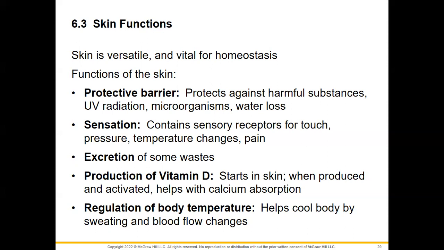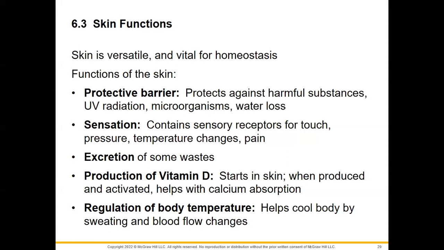All of those are located in the skin to help you feel things. I already mentioned that the skin is the largest organ of elimination, so you will release some waste through the skin. Your body will release more waste through the skin if you're not eliminating properly through the other areas of excretion. So make sure you are excreting the way you're supposed to, and you won't have as much waste product coming through the skin.